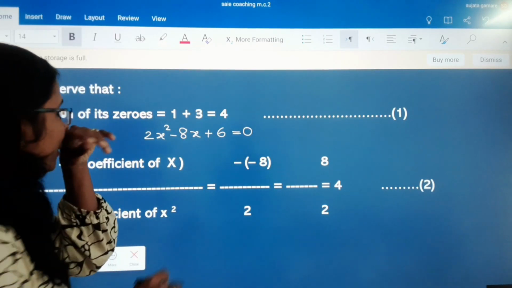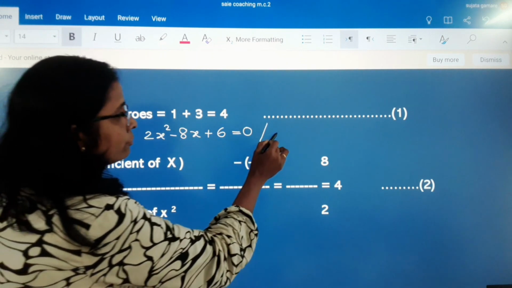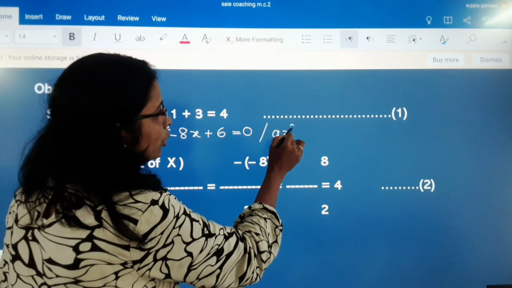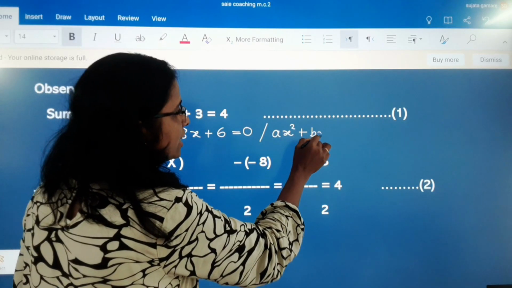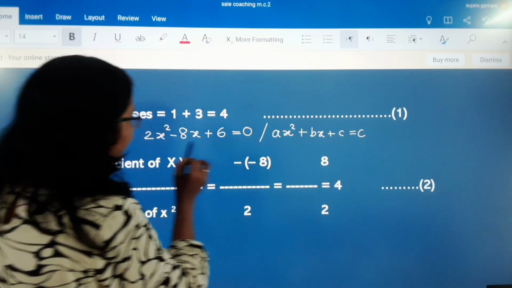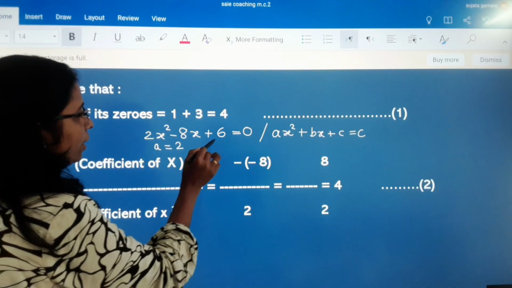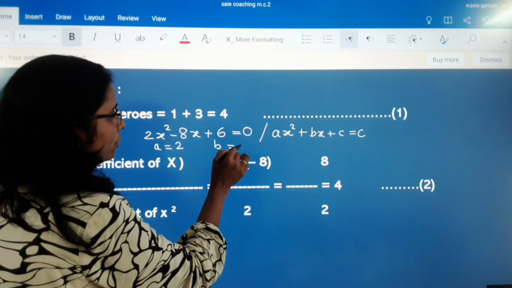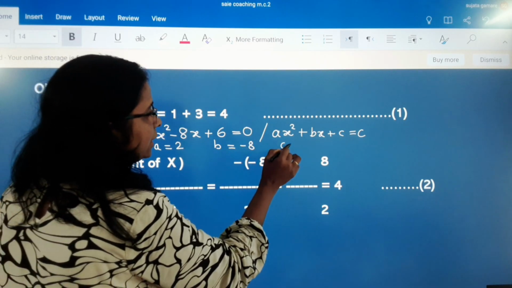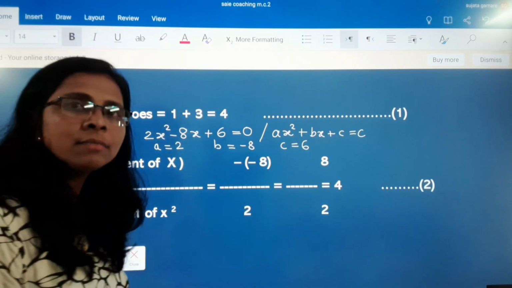So now here, if you compare this polynomial with our general polynomial, ax square plus bx plus c equal to 0, then we get a is equal to 2, b equal to minus 8 and c is equal to 6. We get these values.